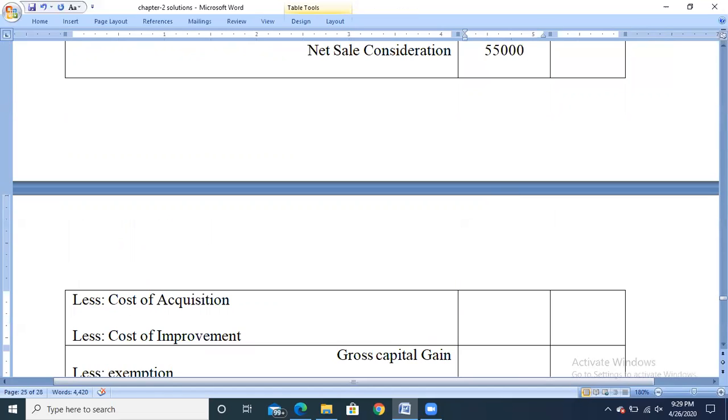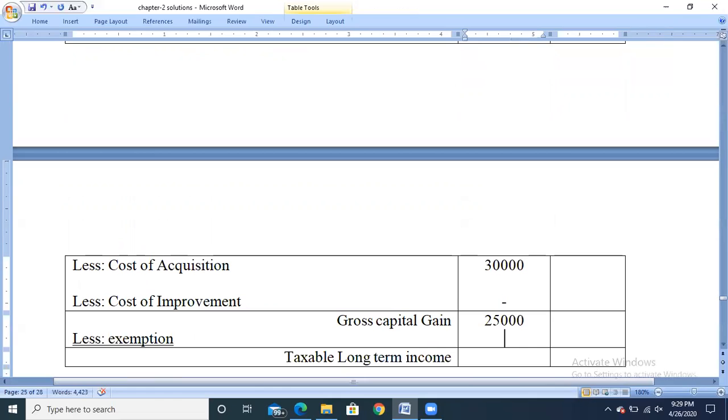So cost of acquisition is rupees 30,000, and there are no additions, so cost of improvement will be nil. So the balance amount will be 25,000. No exemption information, so nil. So the balance amount will be 25,000. After that, we calculate the total income from all the assets, if necessary.